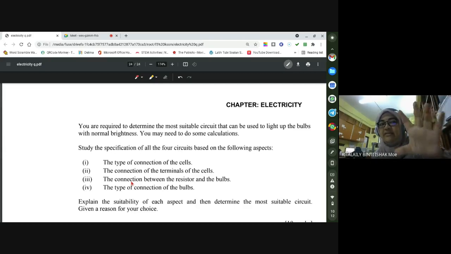Should the resistor be connected to the bulb in series or in parallel?